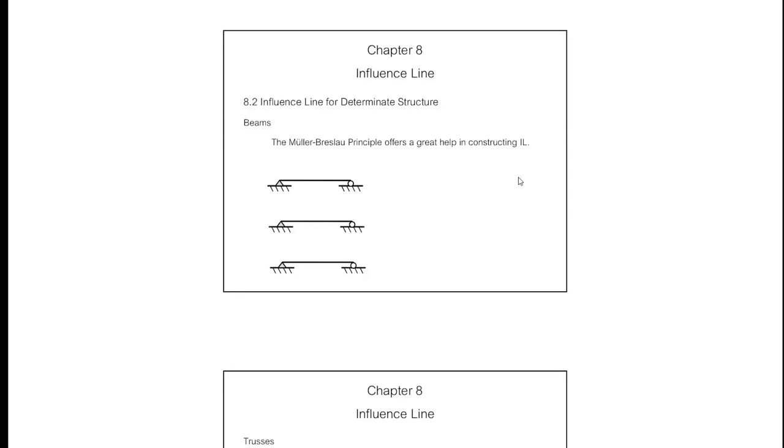And from the previous class, we have experienced the influence line of the determinate structure, right? And we know that we have the Muller-Breslau principle, that when we free the restraint of any design function we want to know, the deflected shape of the structure would resemble the shape of the influence line.